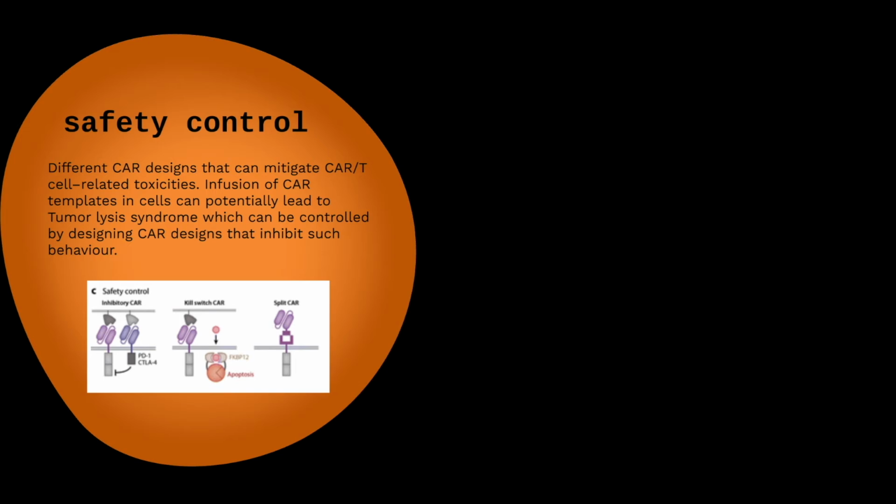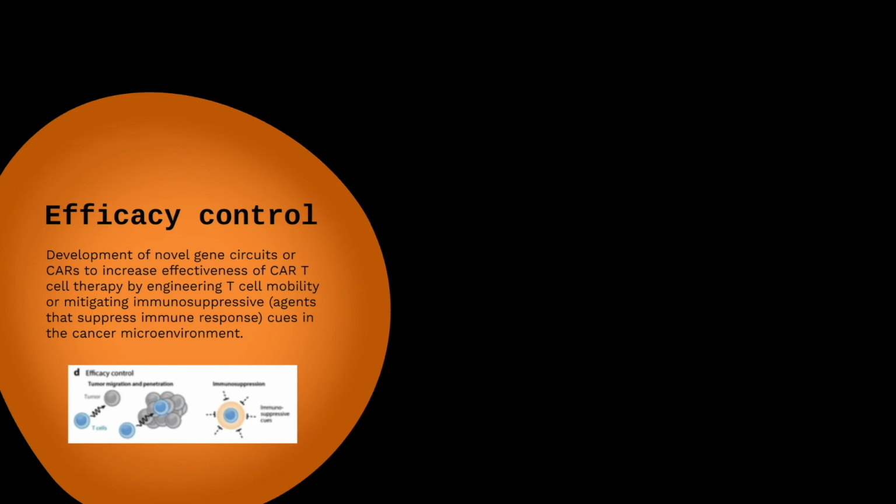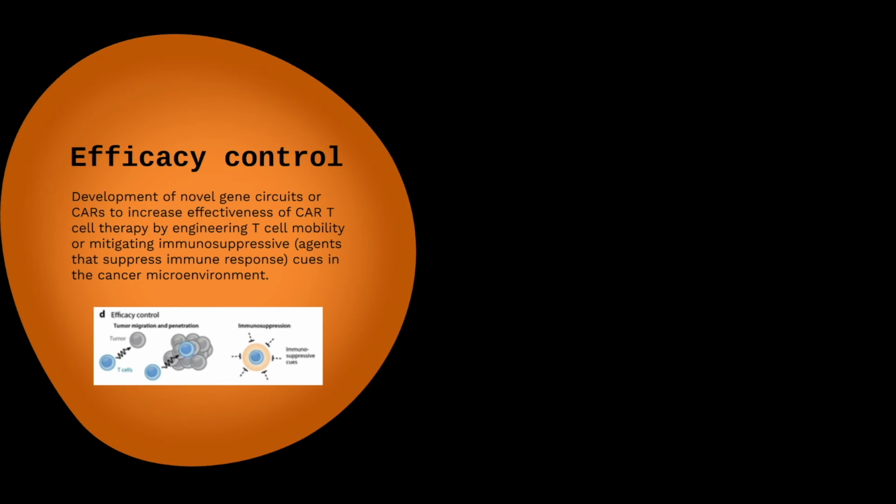This can be controlled because of the advancement in the SynBio field, which allows us to manage and mitigate toxicity by designing safer CARs. Another example of the application of SynBio in immunotherapy is the advancement in control over the efficacy of CAR T-cell therapy by designing newer gene circuits and/or CARs.